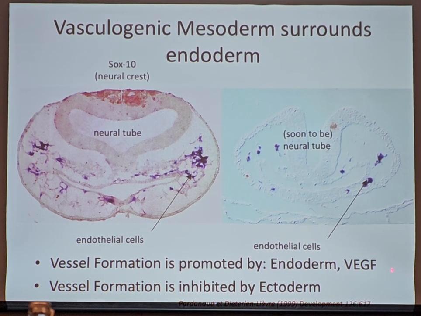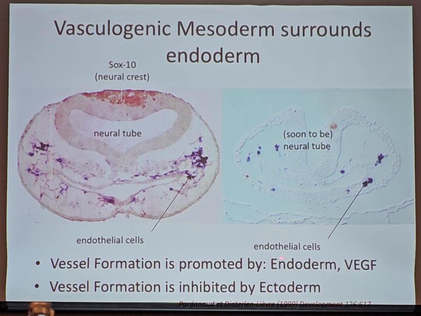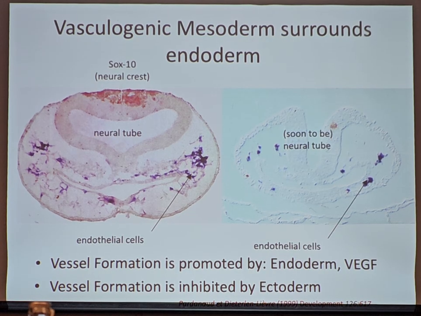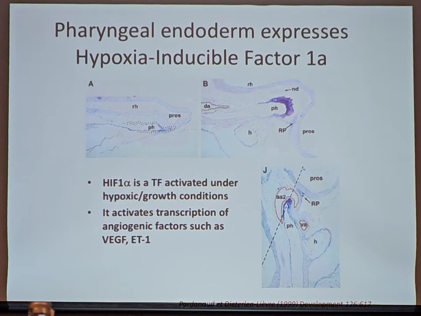It's promoted obviously by VEGF and is inhibited by the ectoderm. You can see here the neural crest, soon to be neural tube. You can see the progenitor cells that are migrating here towards the endoderm to form the primitive vascular cords and endothelial cells.